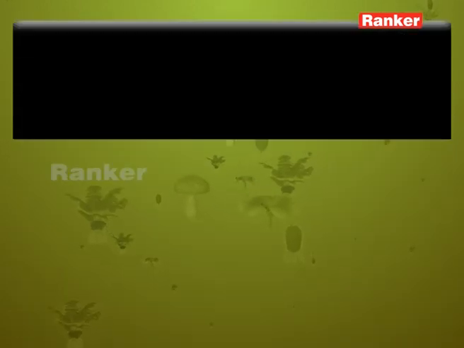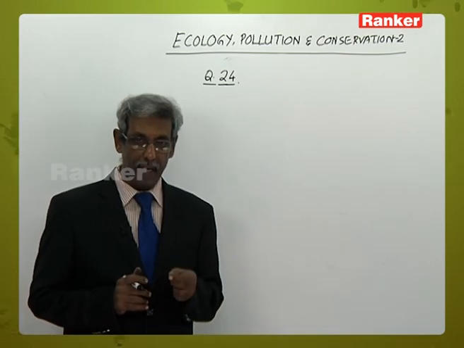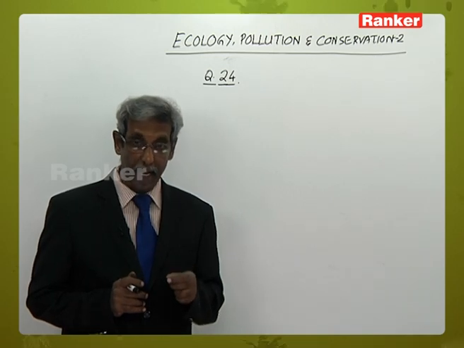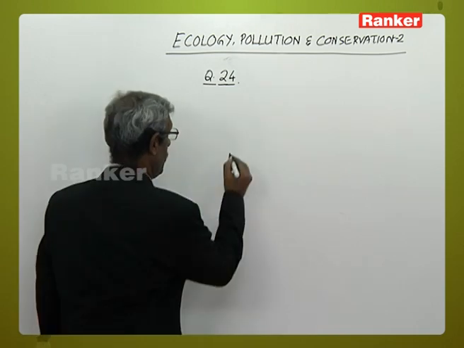Question number 24. Which of the following is called a detrivore? A. An animal feeding on decaying organic matter. B. An animal feeding on a plant. C. Plant feeding on an animal. D. An animal feeding on another animal. Whenever any animal feeds on decayed organic matter, it is primarily termed a detrivore.